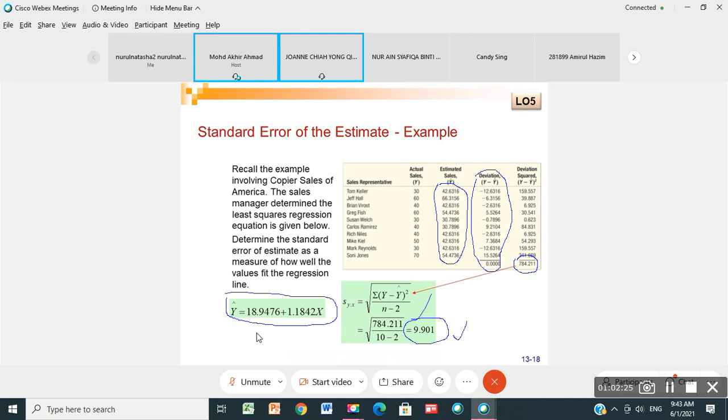Yang mana? This one, 9.901. Sub the value into the formula. Because this one indicates the standard error. This value indicates the standard error. So this one meaning what?